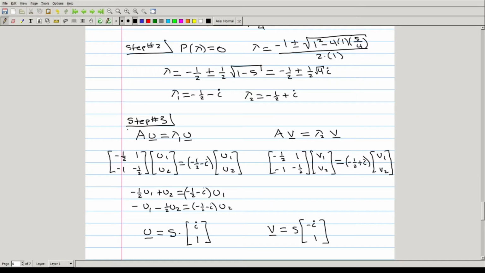And so the eigenpairs for this system are this eigenvalue with this eigenvector, and this eigenvalue with this eigenvector.